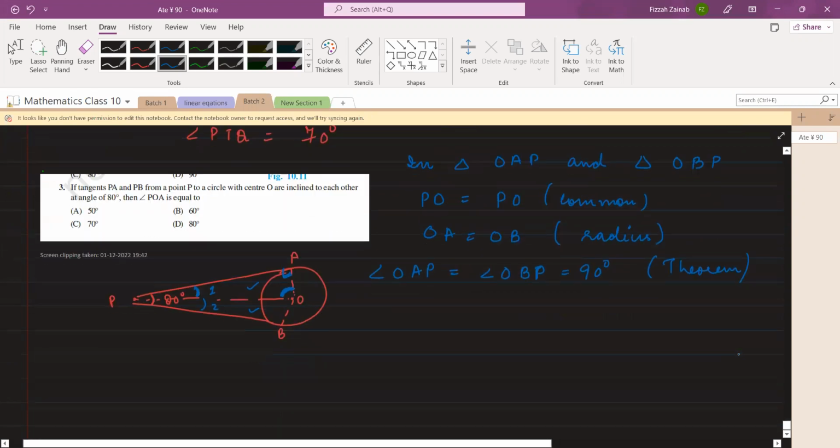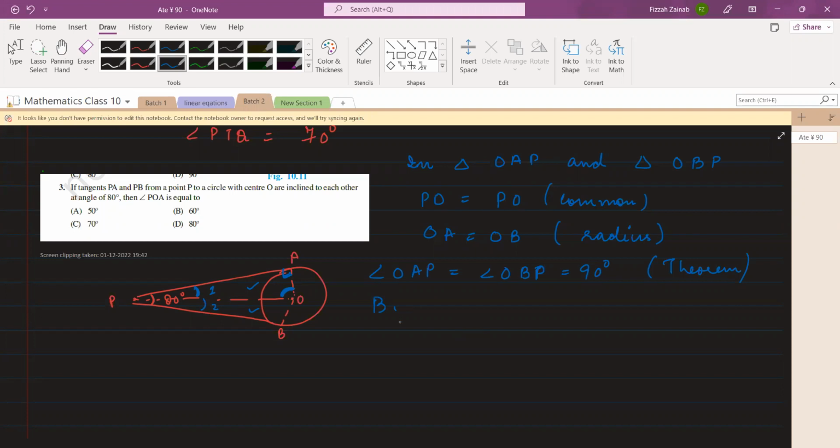Yes, ma'am. Please write the theorem that the tangent at any point to a circle is perpendicular to the radius through the point of contact. So which criteria is it now? RHS, right?